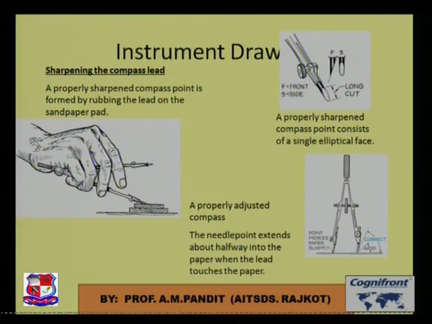How can we sharpen the compass lead? We should sharpen the compass lead so that it does not become blunt. We can sharpen it with paper, we can sharpen it with a long cut, or we can sharpen it by piercing the paper slightly.